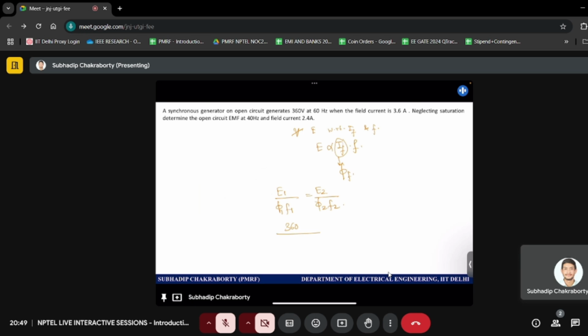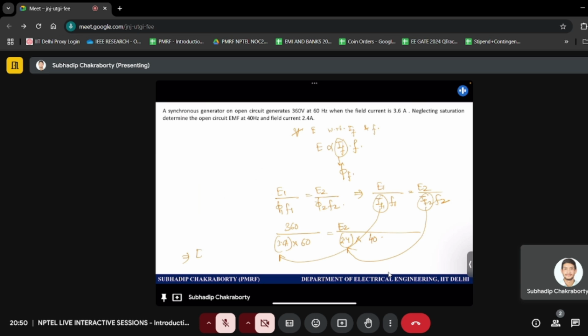So at 360 volts, this is field current 1, I can write it as IF1, frequency 1 and IF2, frequency 2. So for frequency 1, which is 60 hertz, and the field current to be 3.6 ampere, and the E2, this is what they are asking, and for 2.4 as the field current 2 and the frequency 2, which is 40.